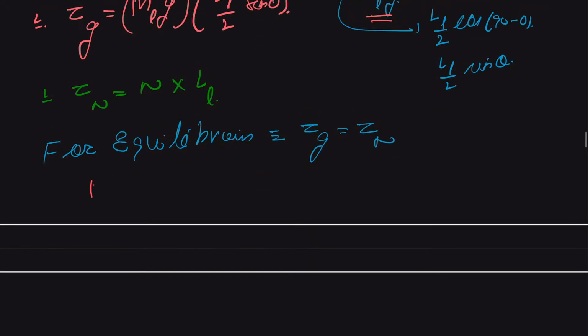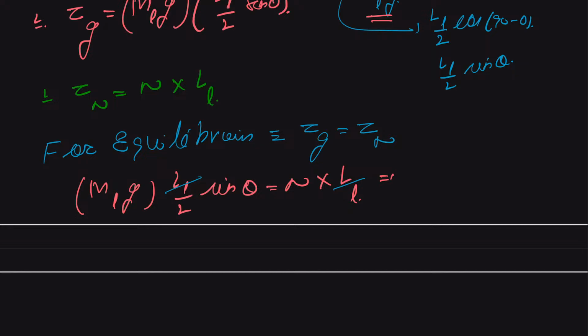We get this as the mass of the left, length of the left divided by 2, sine of theta, will be equal to one normal multiplied by the length of the left, and the length and length cancel out.